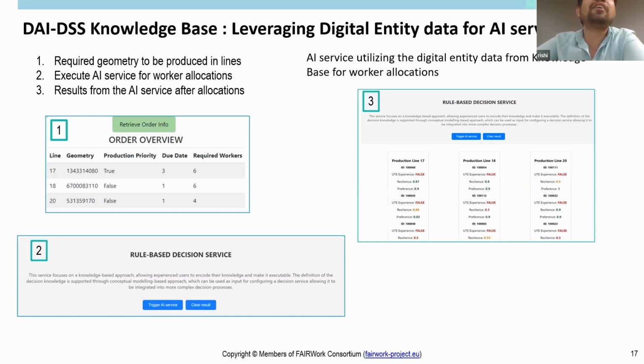Let's say in this scenario we have 115 operators. We have allocated 6 operators in production line 17, and 6 operators each for lines 18 and 20. This is how we have leveraged the digital twin entity definitions in our knowledge base and the data in the AI services to provide decision support to the end user.